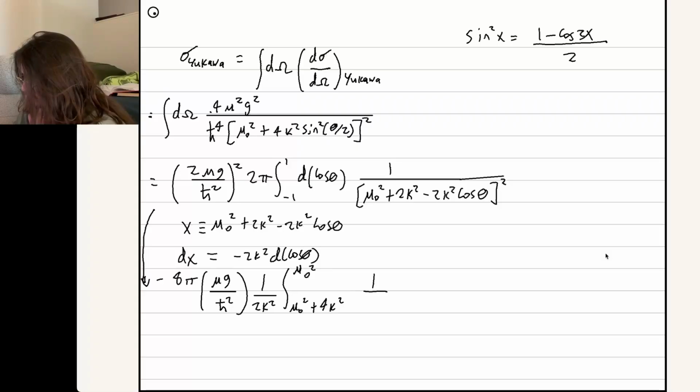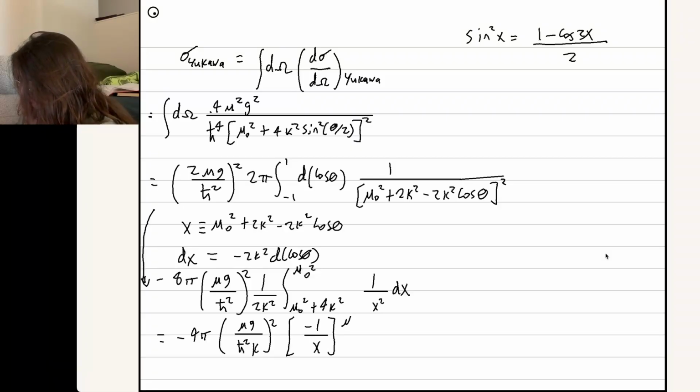But then you just have the integral of 1 over x squared dx. And that's not too terrible. Simplifying a bit, look at a minus 4 pi here. We can move the k into the square. I always forget to actually write the square on the square. And then this integral is just minus 1 over x, and then the integration bounds.